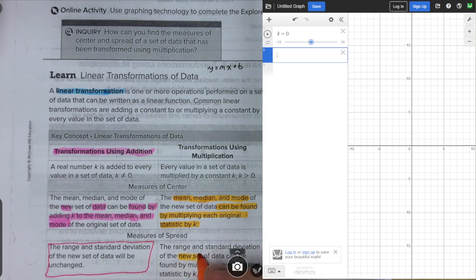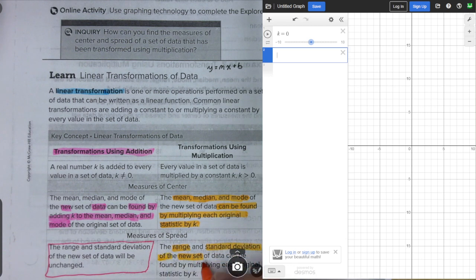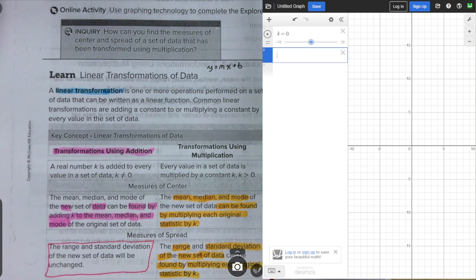So range and standard deviation of the new set of data are found by multiplying each original statistic by constant k. I'm not highlighting every word, we're just highlighting words to try to really make it pop out to us.